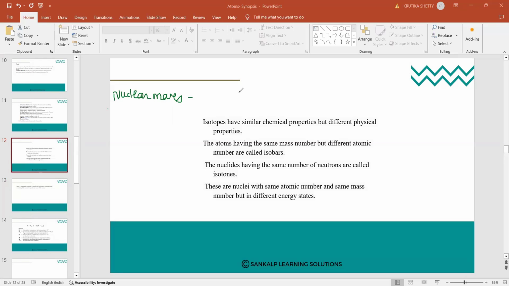The sum of the masses of the protons and the neutrons present in the nucleus is called the nuclear mass.